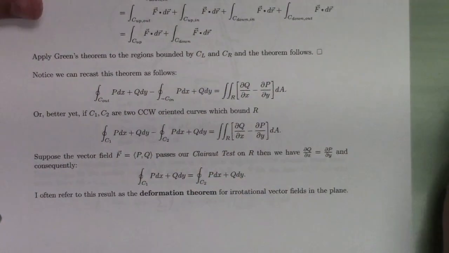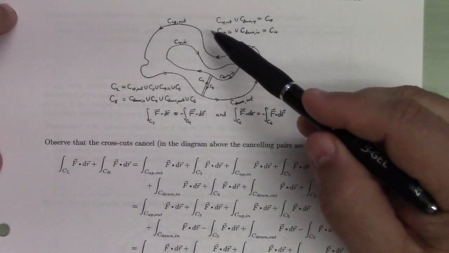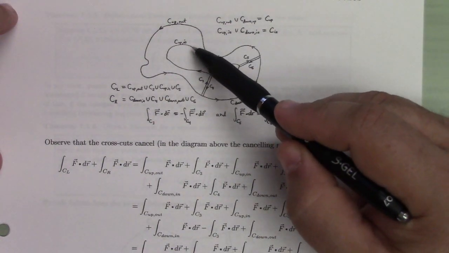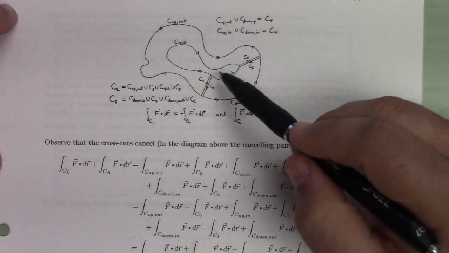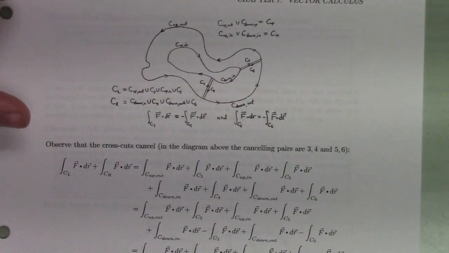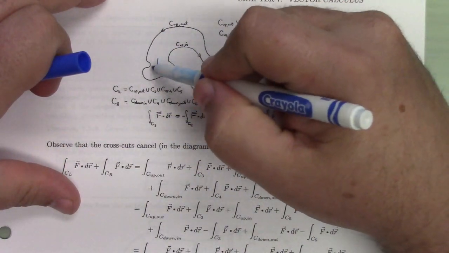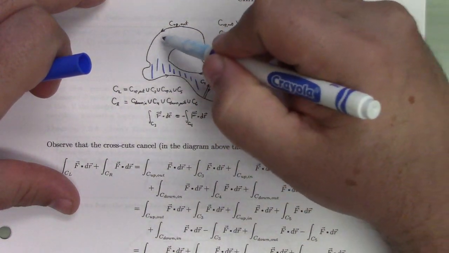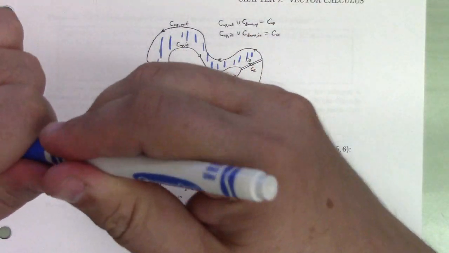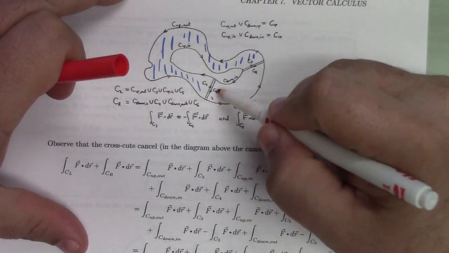But that's all this proof really says: if you take a simply connected region like this and label all the curves, and you've got this clockwise oriented inner curve, then you can build the two regions. I'll draw them, one blue for a second here, and I should find some more. So this blue region is simply connected, and this red region over here is also simply connected.